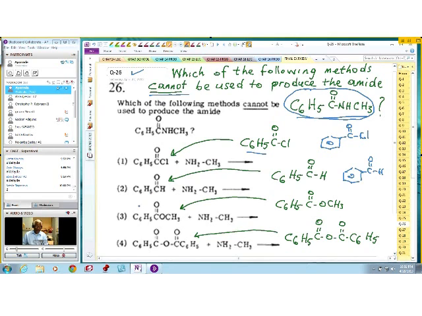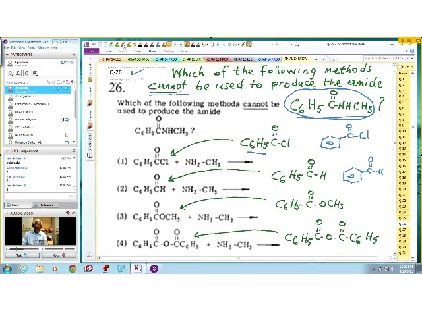Number 2, that is correct. In this case, you have a primary amine reacting with an aldehyde. Anytime you do that, what do you get? You get an amine. You do not get an amide. So number 2 is correct.